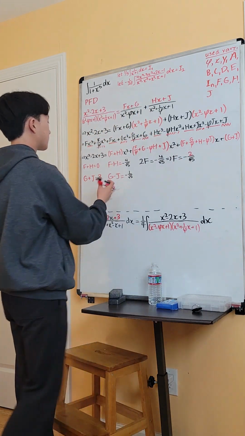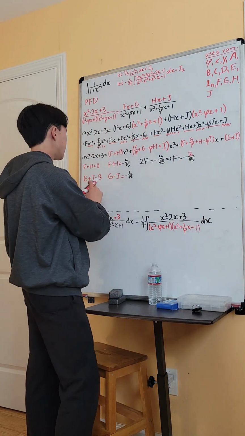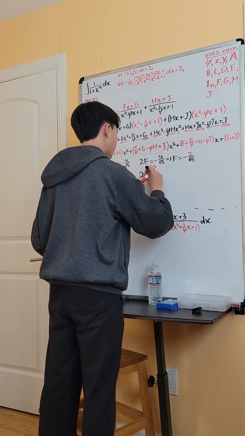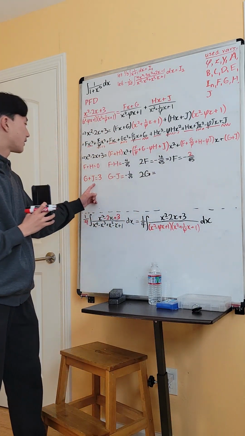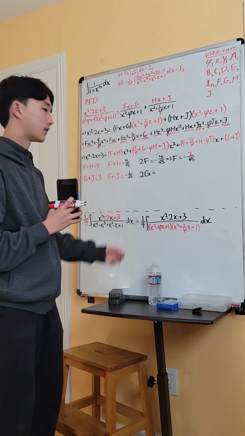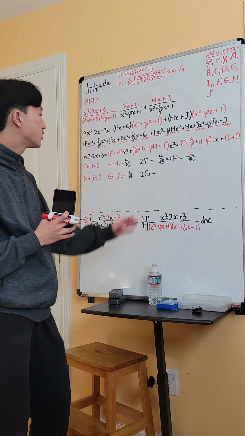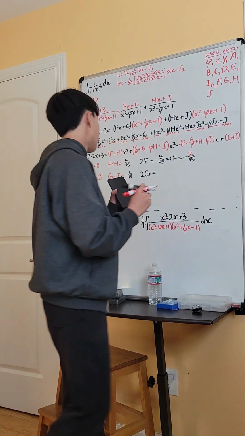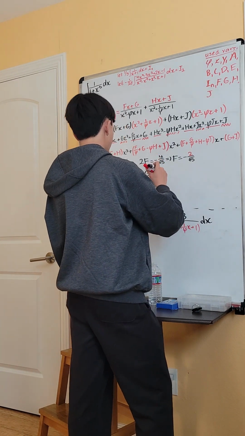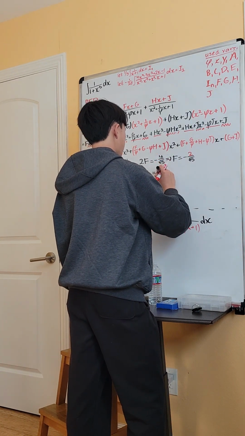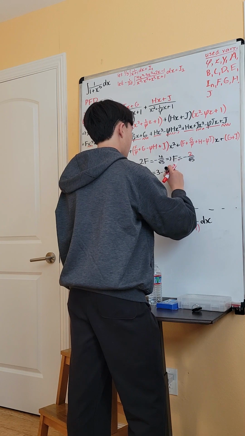Down here, adding these two, same thing. You get 2g, the j's cancel out. So 2g is equal to 3 plus negative 1 over root 5. I would just keep them as separate numbers for now. So we get 3 minus 1 over root 5.